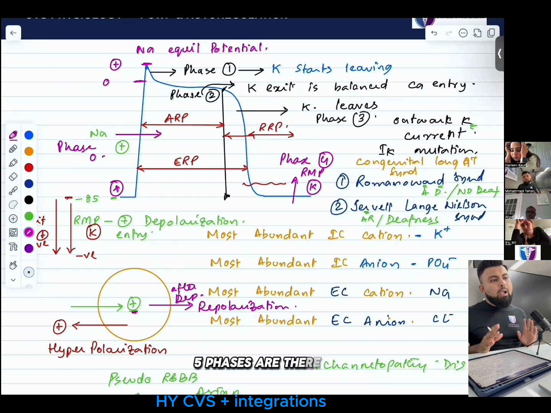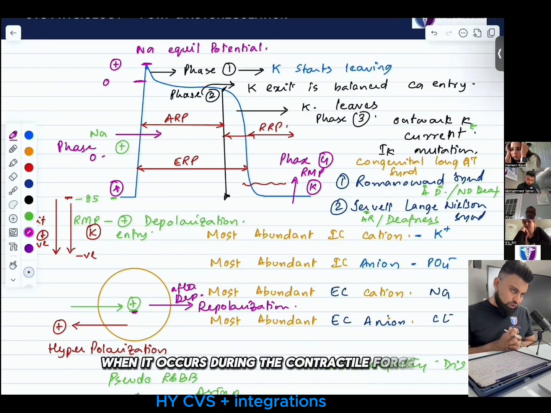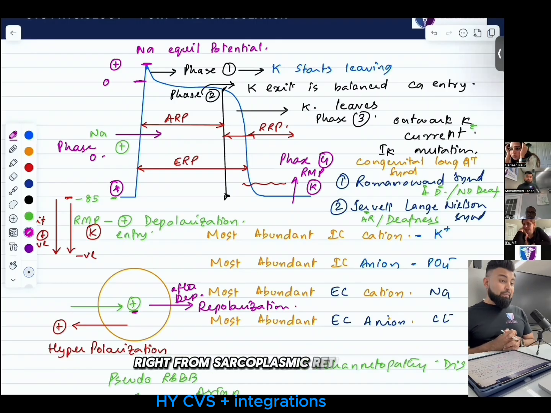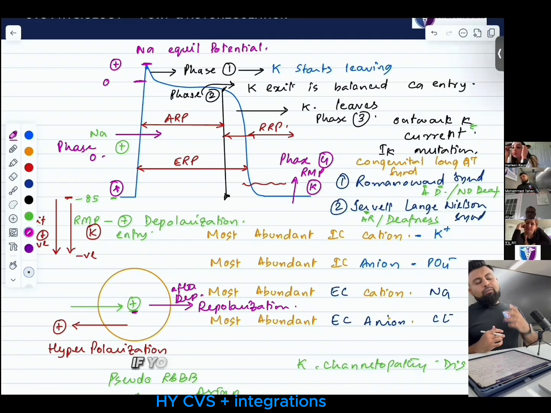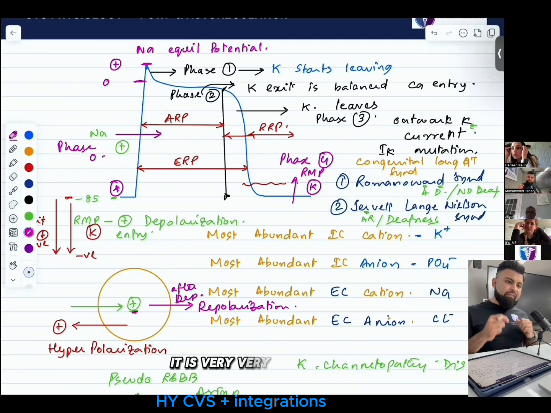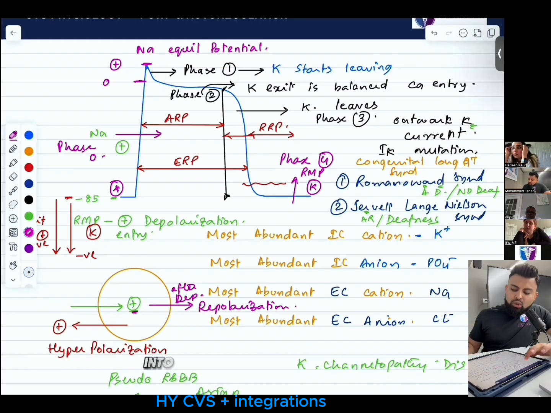Remember the calcium influx into the cytoplasm, which occurs during the contractile force, from the sarcoplasmic reticulum; this can cause contraction of the myocytes. It is very important that when the contraction is completed, the calcium rushes back into the sarcoplasmic reticulum.